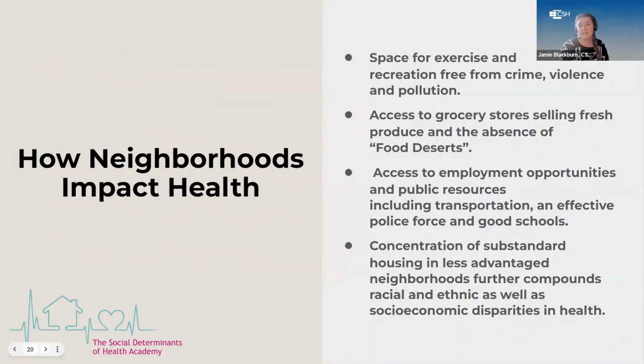So building on our previous conversation about the social determinants of health framework and Healthy People, we know that neighborhoods impact health. So it's not just the housing itself, but the actual environment and the neighborhoods people are living in. Substandard housing, limited economic opportunity, limited transportation, food deserts, all of these compound and create barriers for the patients that we're inevitably serving.